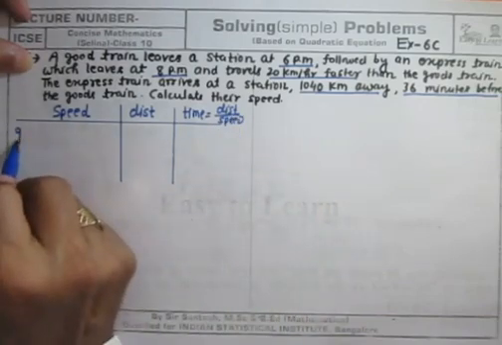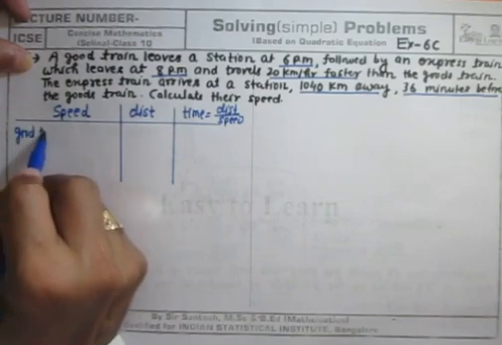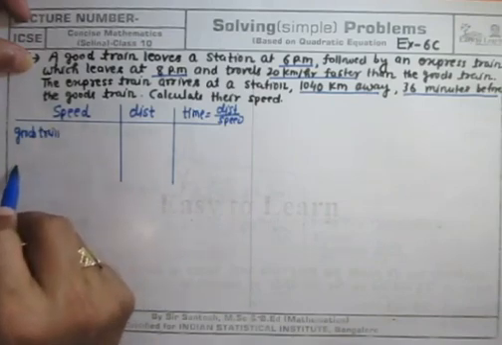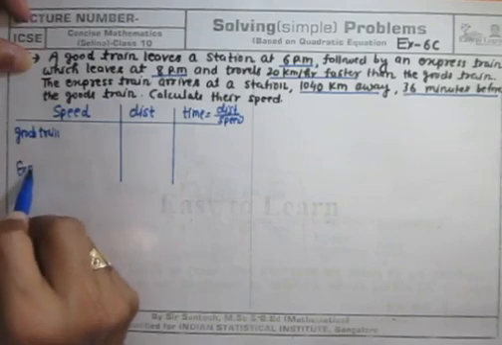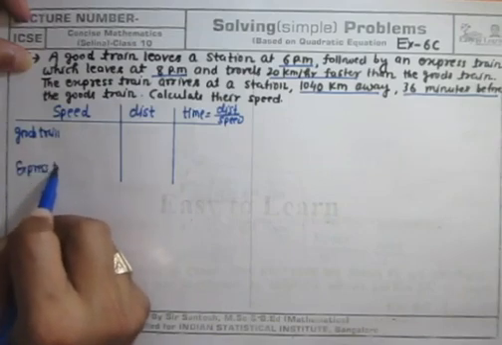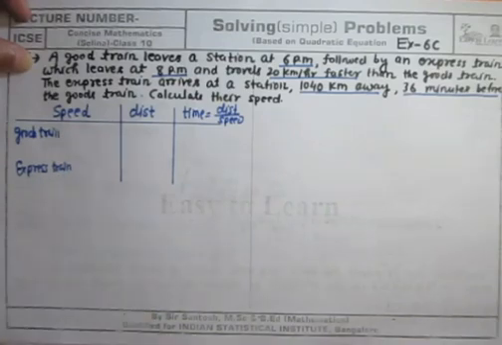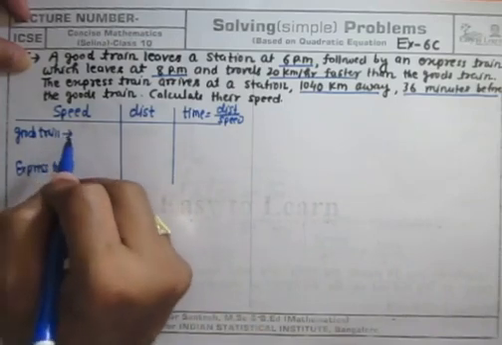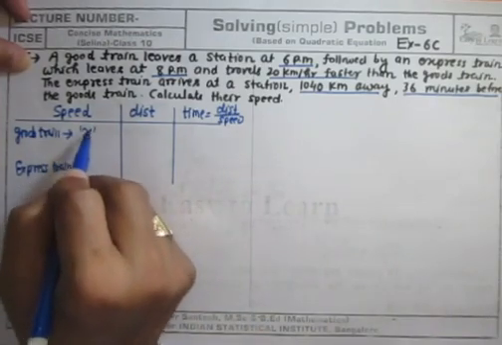So here two trains are there, one is the goods train, and the other is the express train. Let the speed of the goods train be x km per hour.